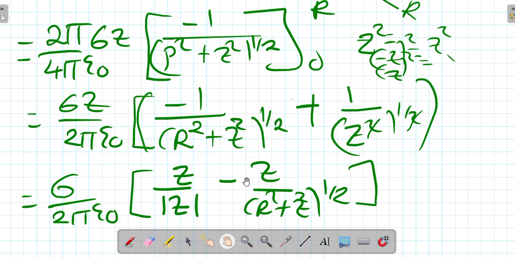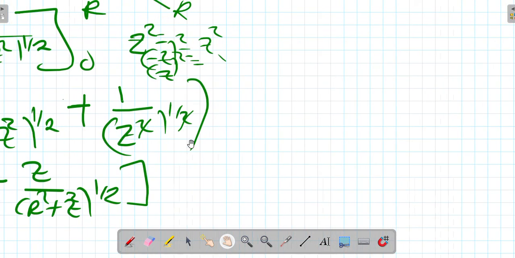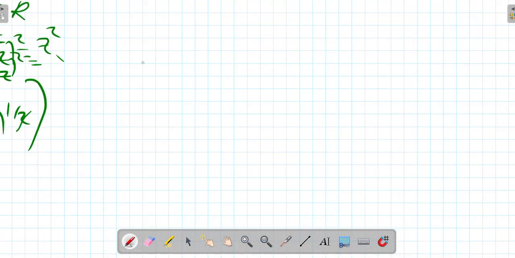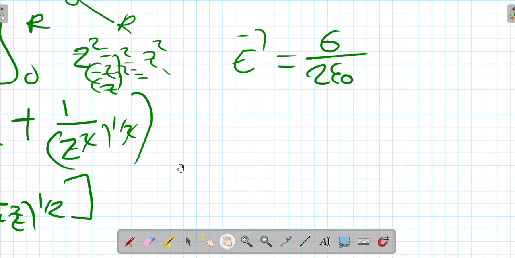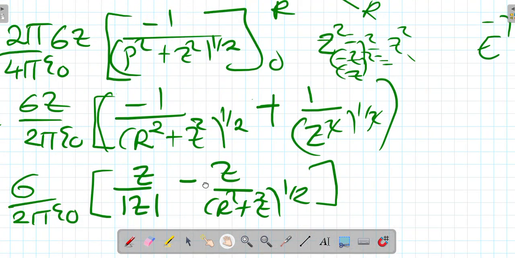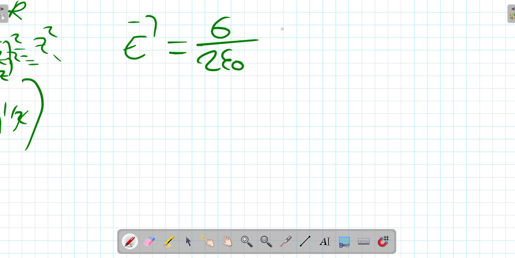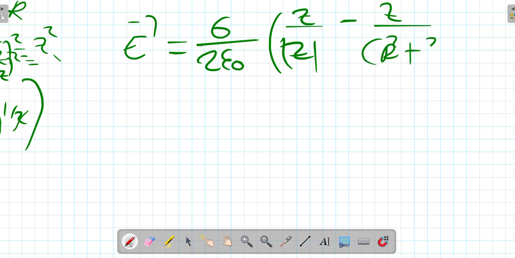So the electrostatic field created by the disk will be sigma over 2 pi epsilon 0, then everything multiplied by z over its absolute value minus z over r squared plus z squared, like that.